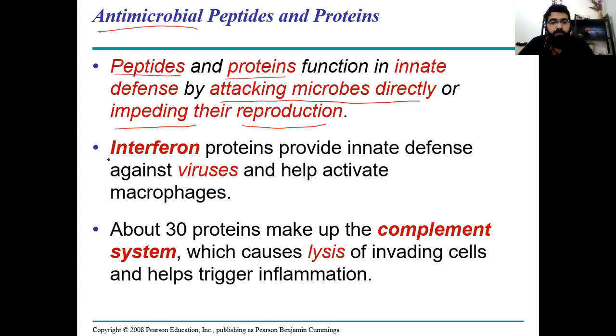Also, there's a very important kind of protein in the body called interferon. Interferons are very important proteins that provide innate defense against viruses. Daily, a large number of different viruses enter your body, especially through the air. These viruses are stopped by interferons. As we said, interferon is one of the first line innate defenses.